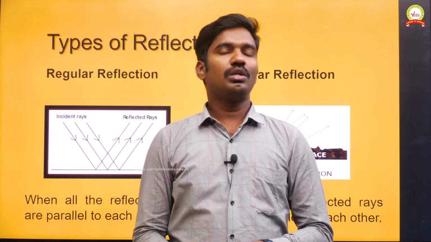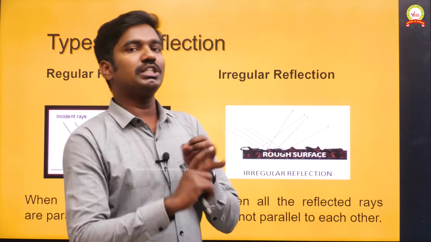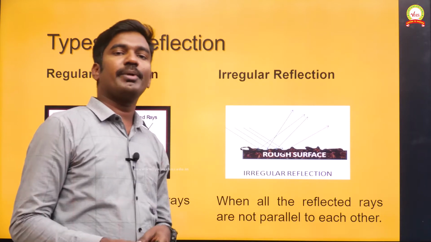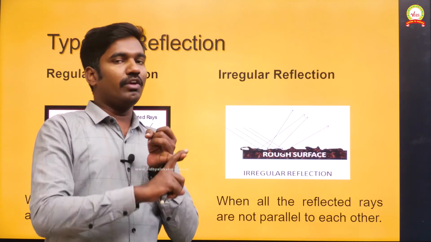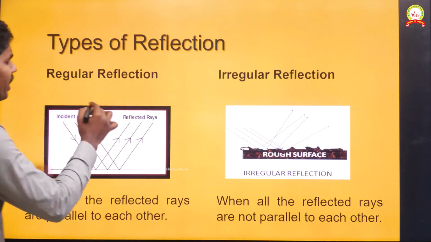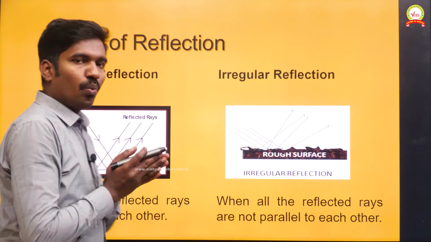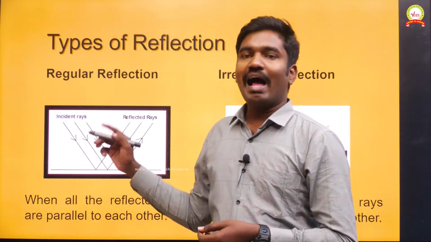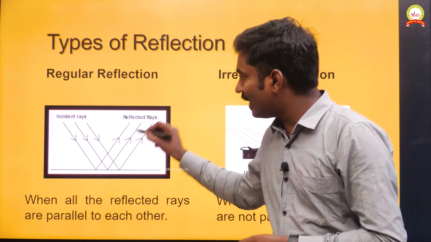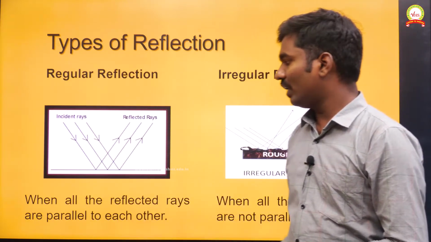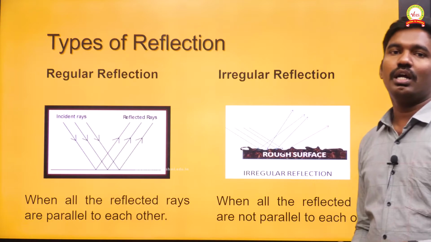And next, various types of reflection. Based upon the surface, we divide reflection into two parts: regular reflection and irregular reflection. Irregular reflection can also be called diffused or scattered reflection. So first, what is regular reflection? When we send n number of rays towards the mirror, after reflection, if all the reflected rays are parallel to each other, that kind of reflection is called regular reflection.